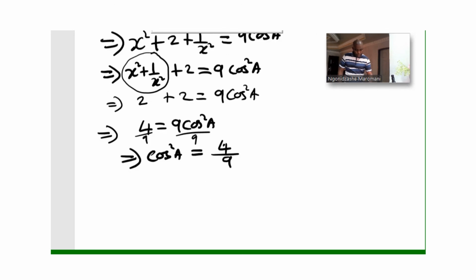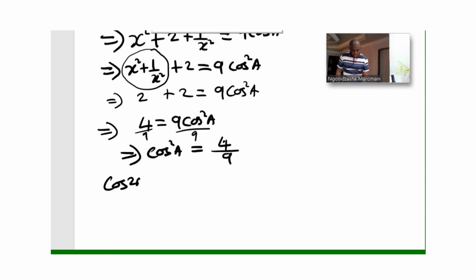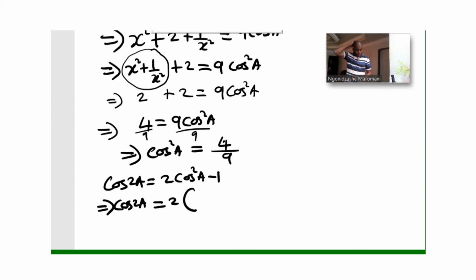We have agreed that cos 2a is equal to 2 cos squared a minus 1, so cos 2a is equal to 2 times cos squared a, which we said is 4 over 9, minus 1.